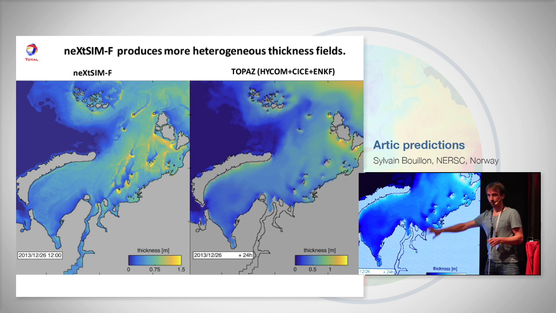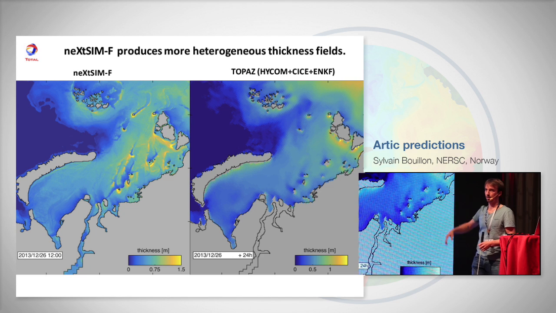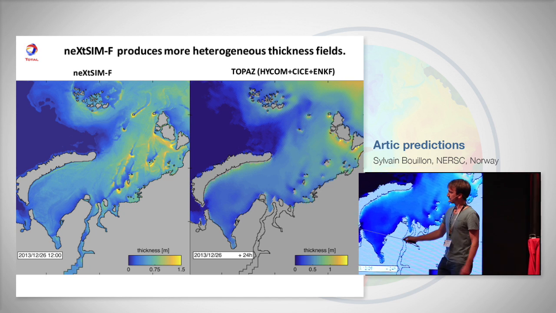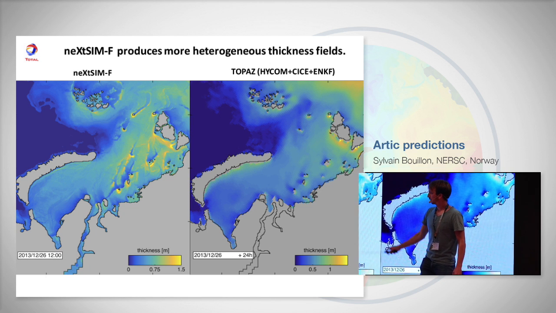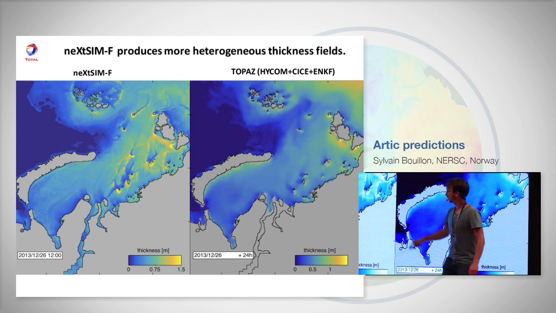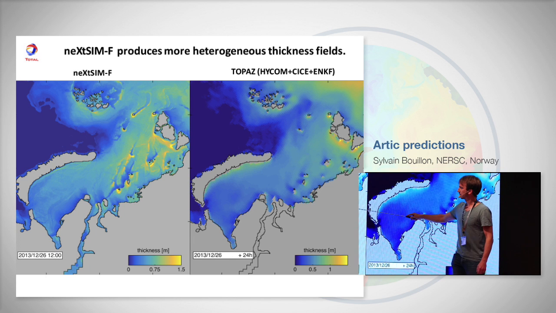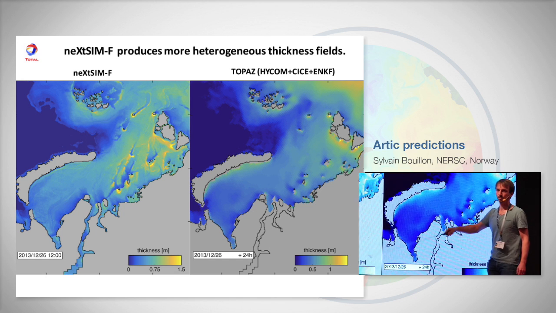It's all smooth, even if the resolution is about 10 kilometers in that area. It's very smooth. Whereas in the case of the NERSC platform, it's much more heterogeneous. We see small features, but also we see thick ice upstream of islands and thin ice downstream.